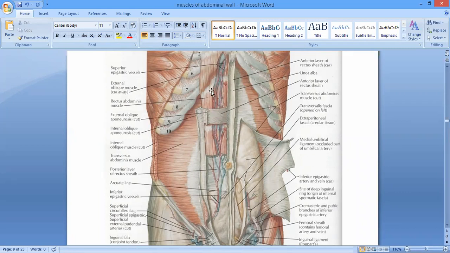Is it clear, ji? So the arcuate line is a place from where the inferior epigastric vessels enter the rectus sheath, and they make anastomosis with the superior epigastric vessels. Is it clear, ji?